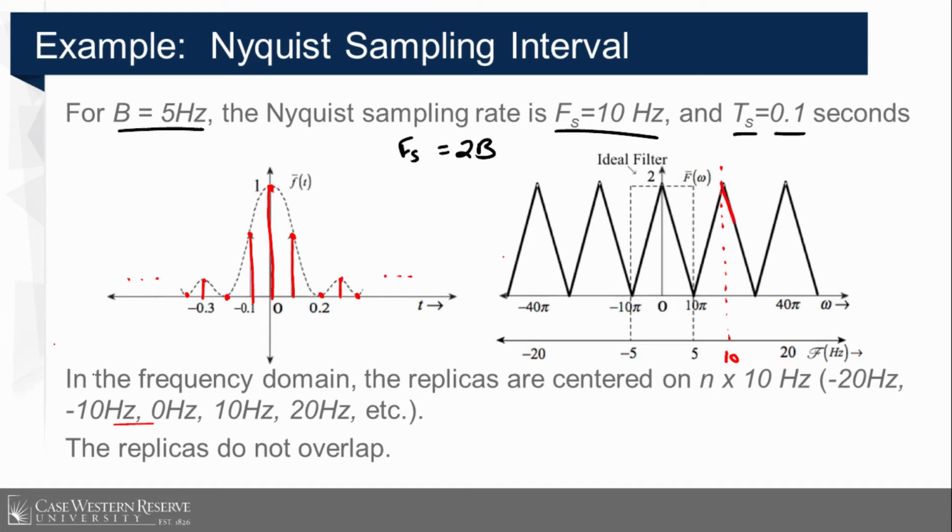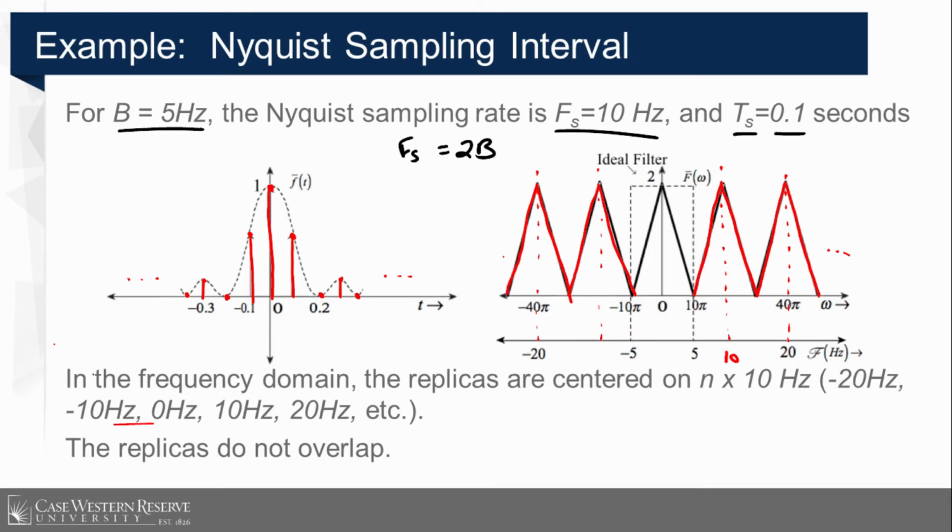And we see that we have exactly a replica of our original spectrum centered at 10 Hertz. We have another that's centered at exactly 20 Hertz. And these would go on forever. And the same thing on this side. We have a replica centered on 10 Hertz and a replica centered at 20 Hertz.